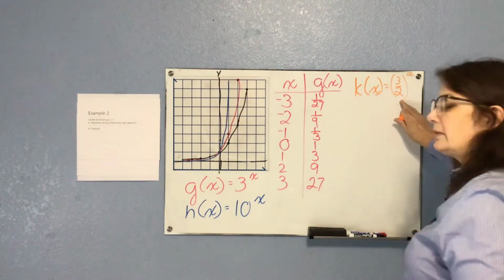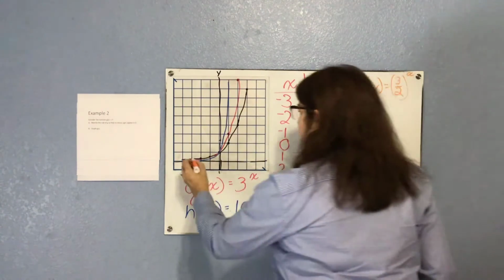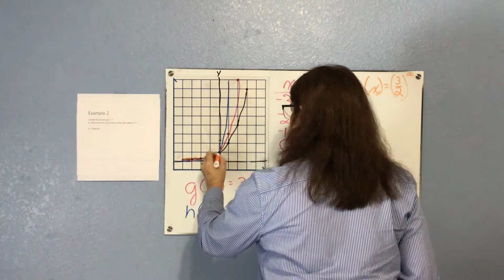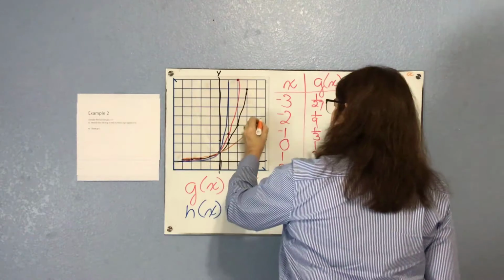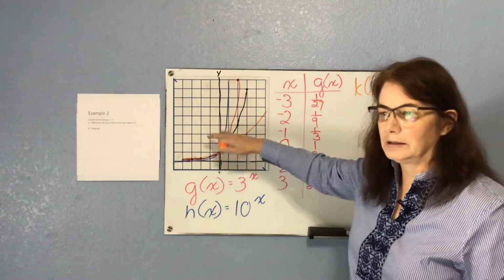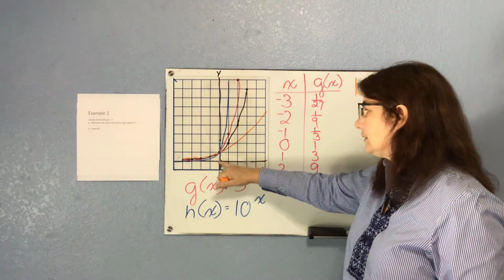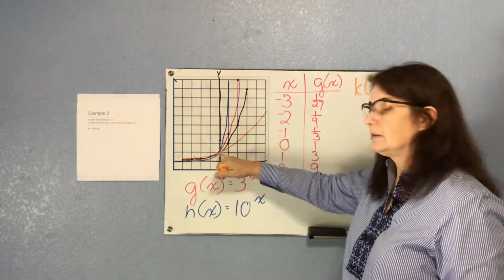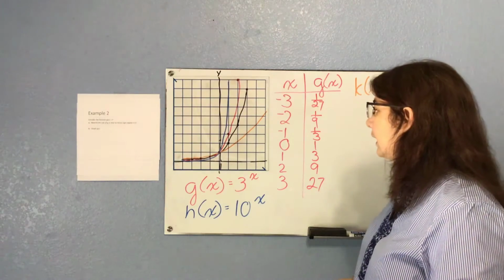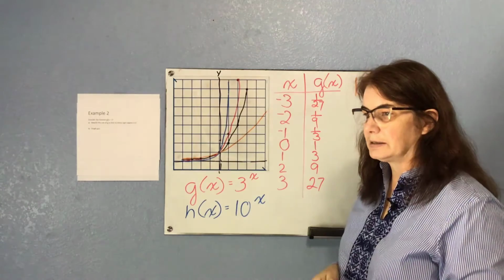So this is still greater than 1, but it is less than 2, which is going to give me a graph that starts off a little bit higher here, but ends up lower here. And what I want you to notice about these graphs is that they all go through this point. Whatever the base is to the 0 power is always going to be 1. And the larger the number is, the more steeply the graph rises on the right side.